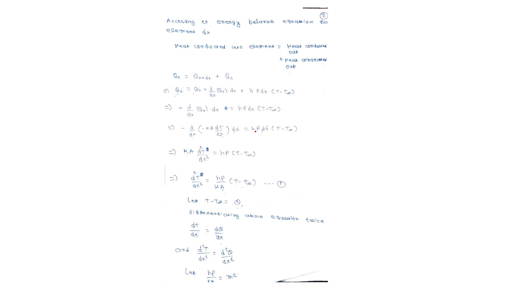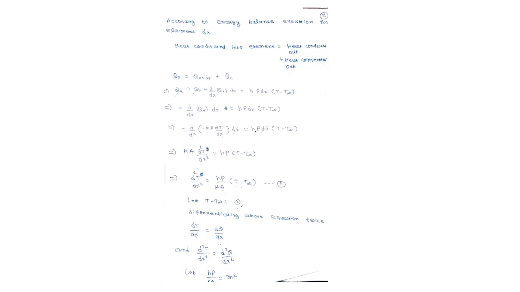Now according to the energy balance equation, the heat conducted in equals the heat conducted out plus the heat convected out. So we have two outputs from that element, one due to conduction and the second due to convection.